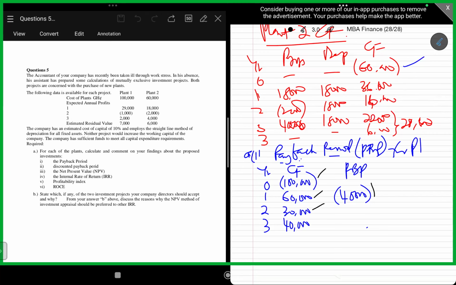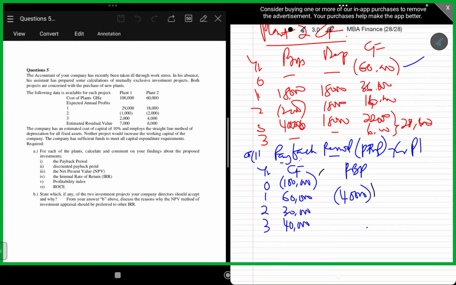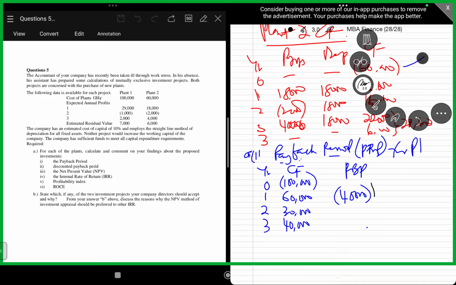What do we have? So I'm going vertically. Negative 100 plus 60 plus 30. What do we have?